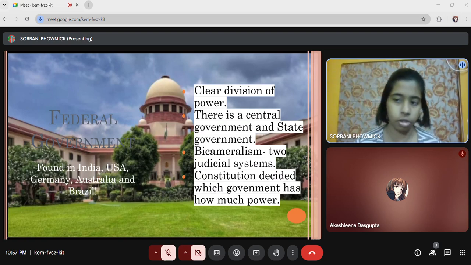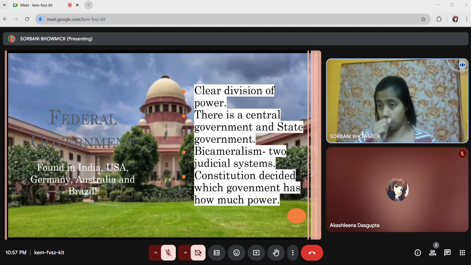Best example, in 2014 when the state of Telangana was formed and the division was based on the basis of language. So yes, the state government of Hyderabad did not have a say, or rather Andhra did not have a say when Telangana was formed. And Telangana was formed after a huge amount of fight between the Telugu speaking people and the Tamil speaking people, which clearly shows the central government can easily carve out a state.